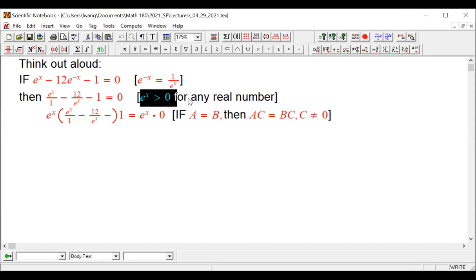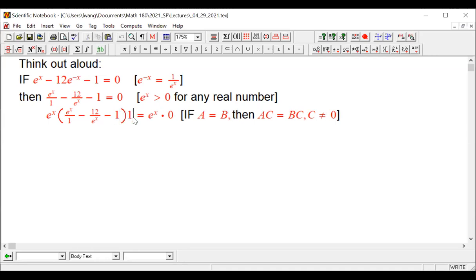This is such a powerful statement, and its power is in its application. Because it is positive, you can multiply both sides by that positive number. Oh, sorry, I forgot the minus 1. I left the 1 outside. Okay, sorry about that.